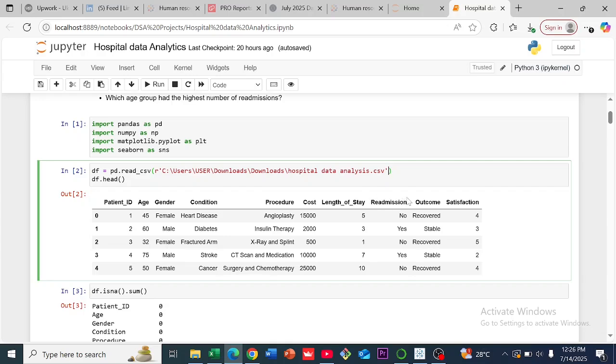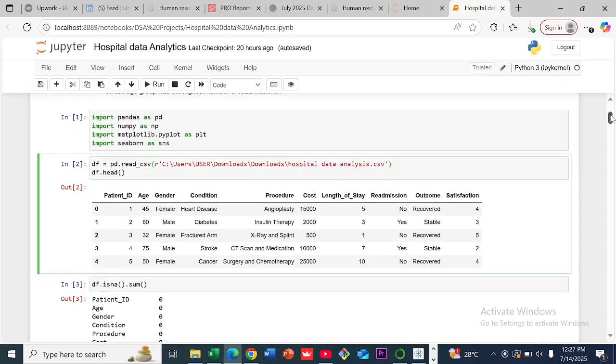Then we have readmission, and readmission is yes when a patient has been treated, discharged, and is later brought into the hospital as an emergency and has to be attended to once more. Okay, then we have outcome and satisfaction.